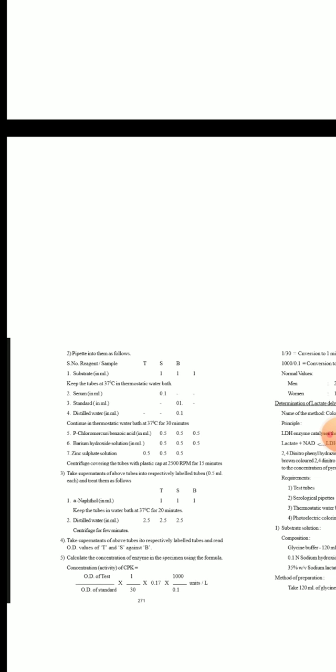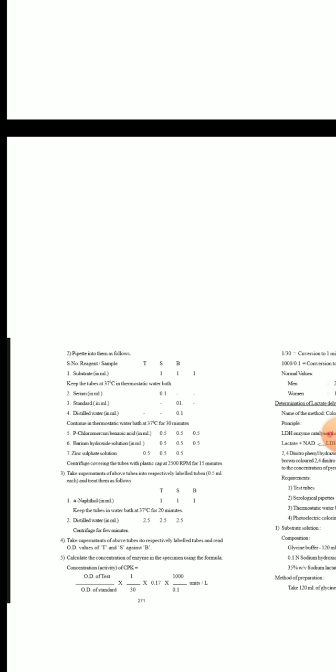Then keep the tubes at 37 degrees Celsius in a thermostatic water bath. Next we will add serum 0.1 ml in the test tube and 0.1 ml of standard in the standard tube. Then we will add distilled water 0.1 ml in blank. Continue in the thermostatic water bath at 37 degrees Celsius for 30 minutes.